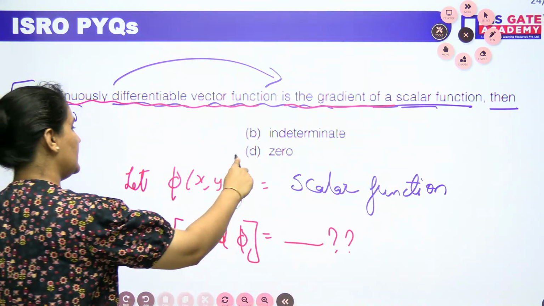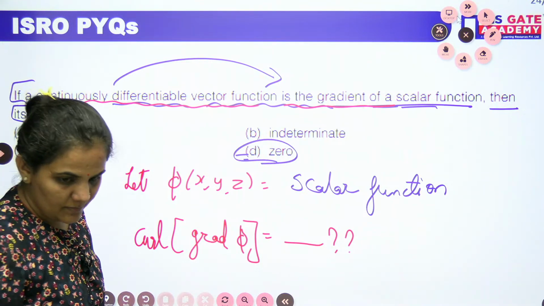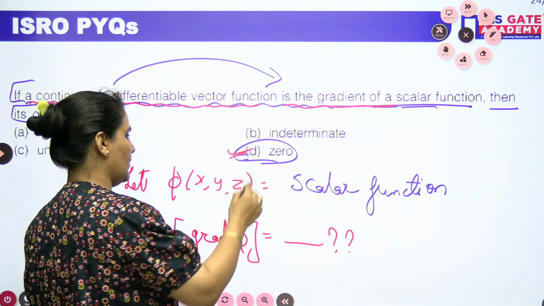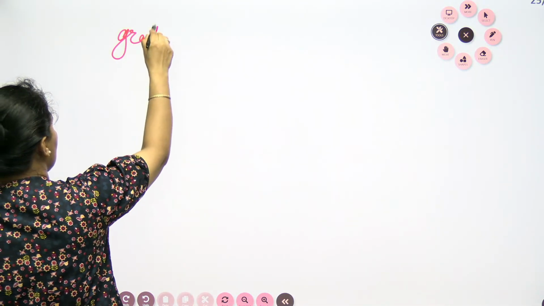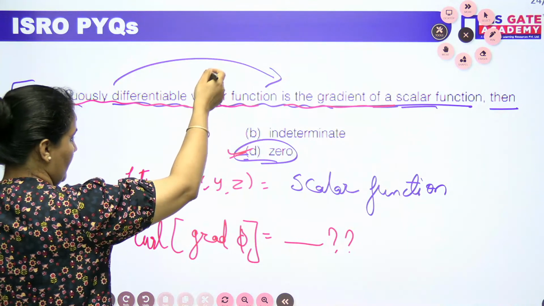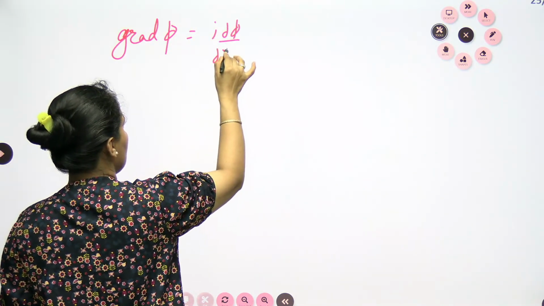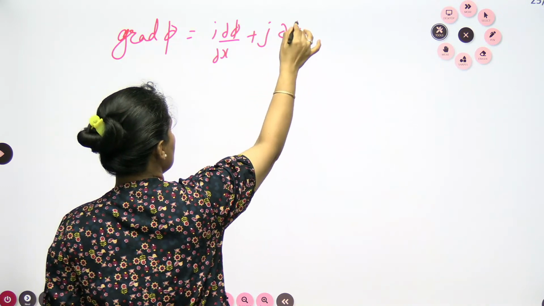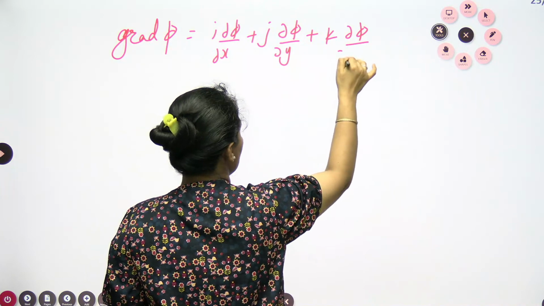As we know already, the result is 0, because we proved this identity many times. But still, I will prove it here again, a very simple thing. First of all I find the gradient of my function phi. The gradient will be i del phi by del x, plus j del phi by del y, plus k del phi by del z.